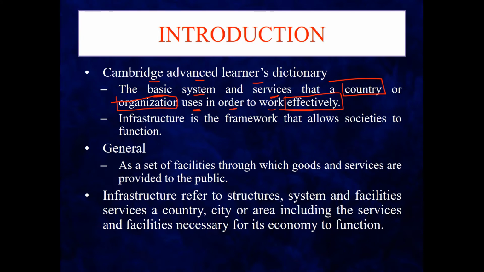This type of facility we require in the server room, right? So for this we provide some framework, and this framework we call infrastructure. This is the definition given in the Cambridge Advanced Learner's Dictionary.